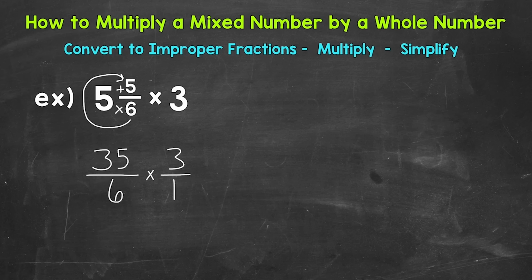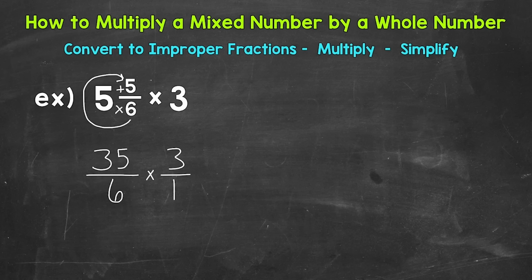We want an improper fraction and the whole number to be in fractional form, so all we have is a top and a bottom. That way we can multiply straight across. So once we're at this point, we can multiply straight across. So numerator times numerator and denominator times denominator.